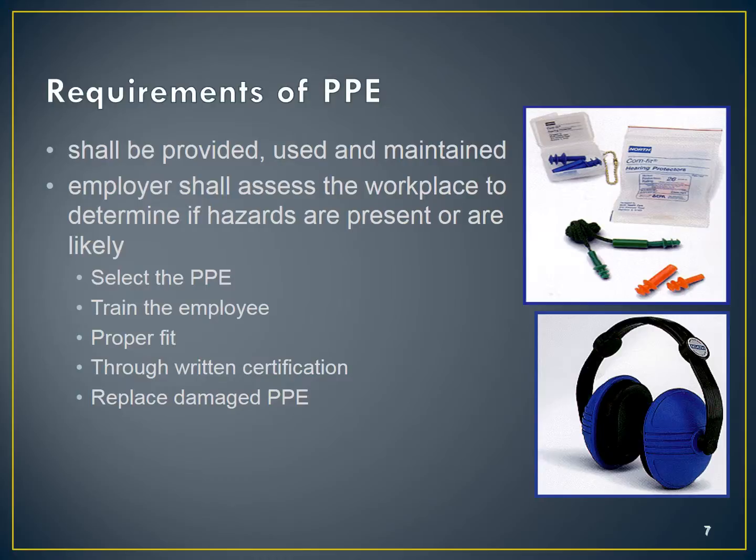So what employers have to do is actually select the PPE. They have to make sure that the PPE is proper for whatever the hazard is going to be. Now this can be done by a job hazard analysis, which we'll talk about here in just a little bit. The other thing that the employer has to do is train the employee. Now you think, and this happens a lot of times, here's your hard hat, here's your earplugs, put them on, let's get to work.